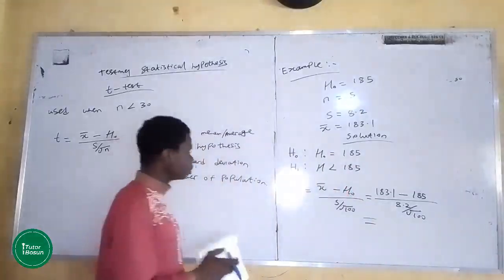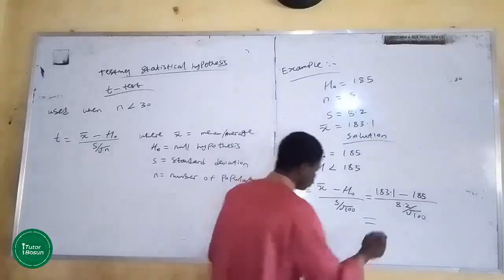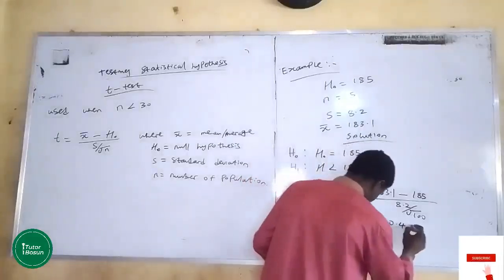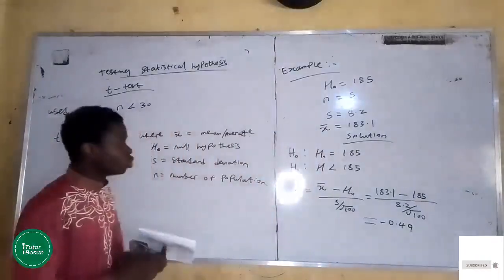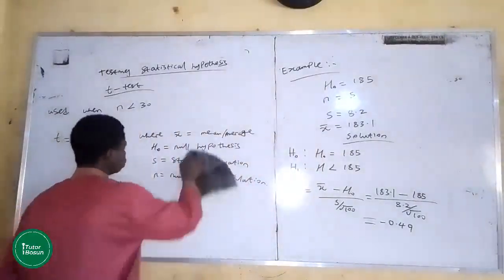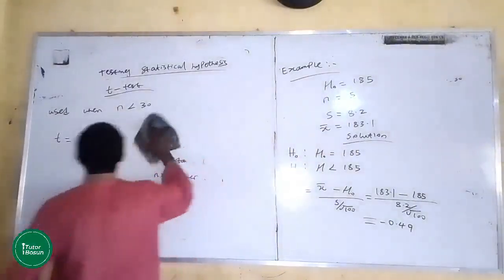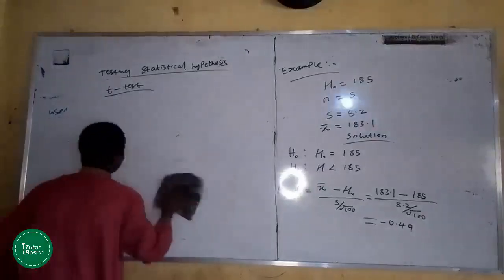If you compute that correctly, you should be having minus 0.49. So we have calculated our t. We can now plot our distribution to determine if that hypothesis will be accepted or rejected.